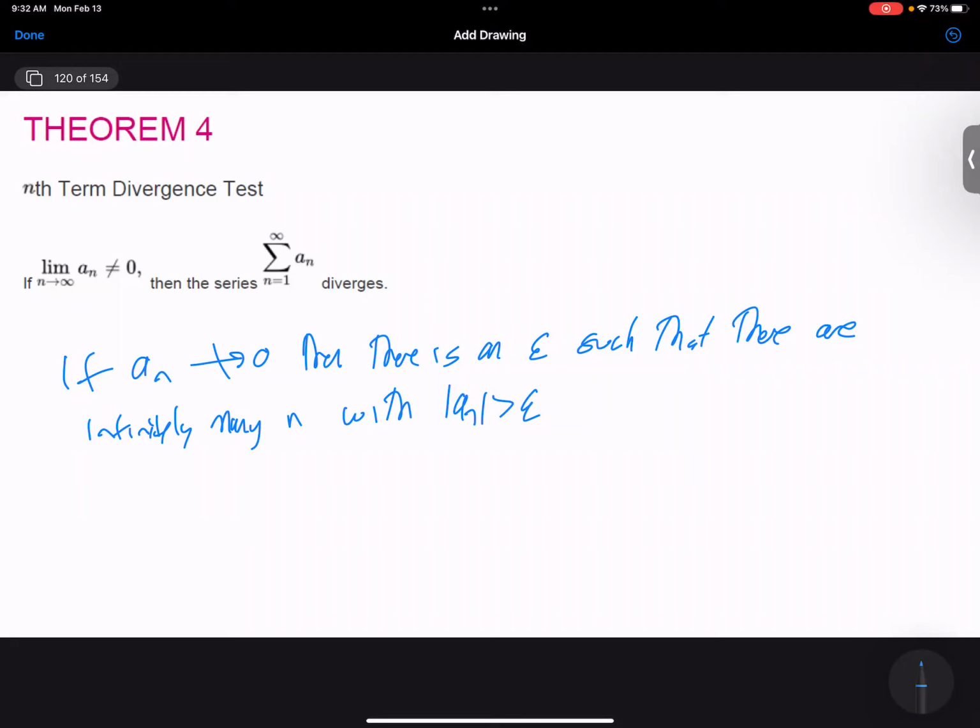Since it's not going to 0, there must be some sufficiently small number such that infinitely often I'm greater than that.